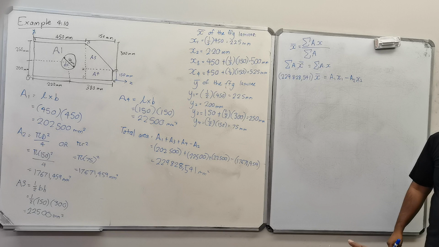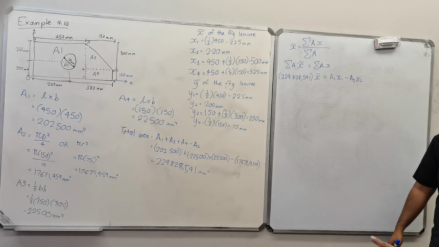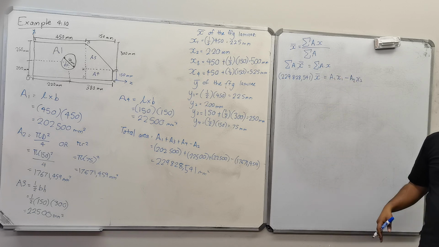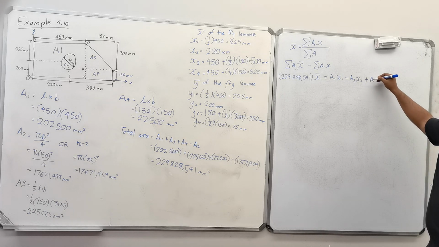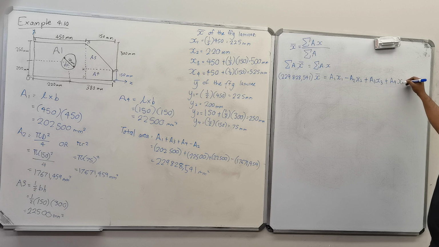If you follow this sequence, it's easier and keeps it in line. I'm going according to how the shape looks, from left to right, plus a3 x3 plus a4 x4.